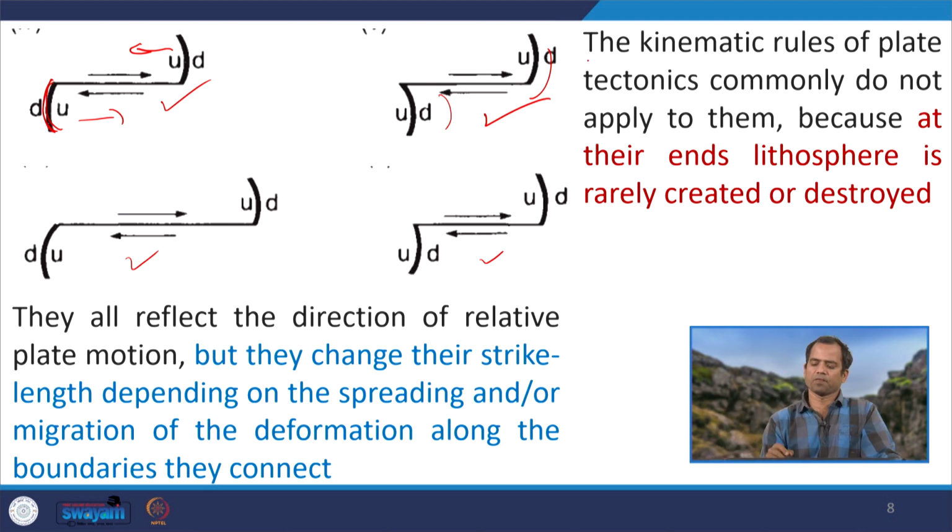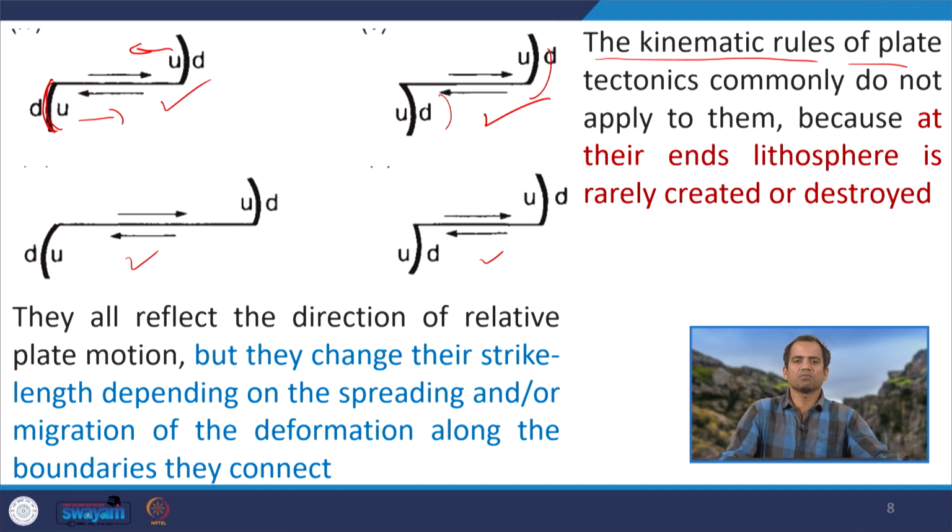Now, these kinematic rules of plate tectonics commonly do not apply to them. Why? Because neither is the plate destroyed here nor is it created here. So, the general kinematics related to other types of plate boundary is not applicable here, and they all reflect the direction of relative plate motion, but they change their strike length depending upon the spreading and or migration of deformation along these boundaries.